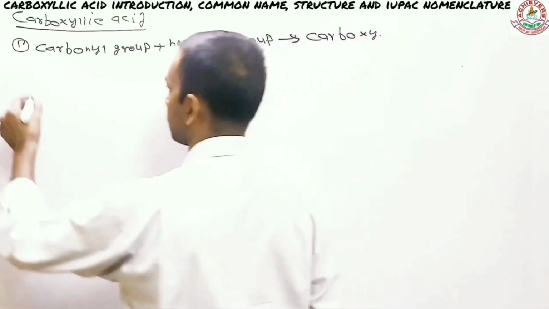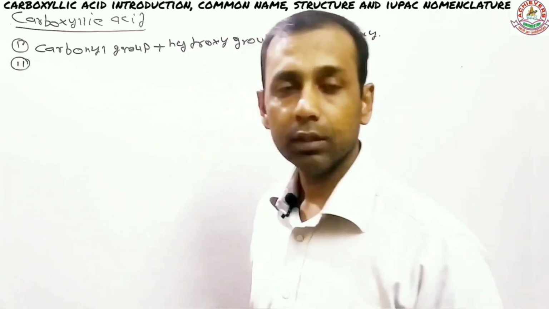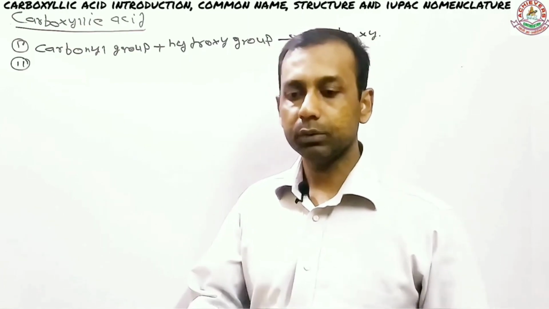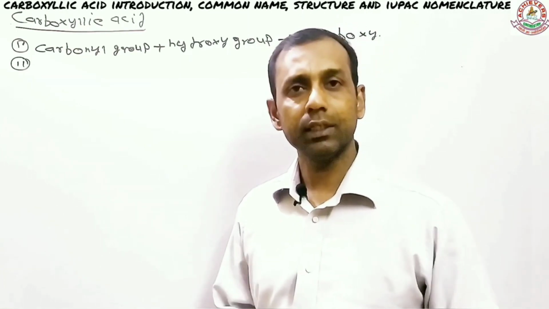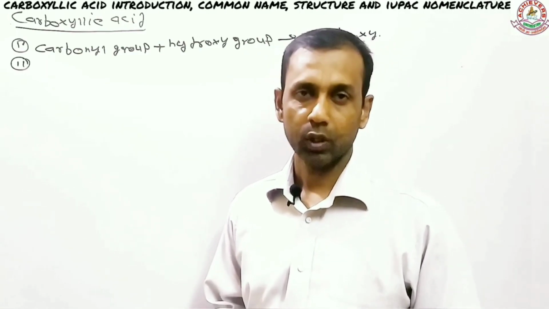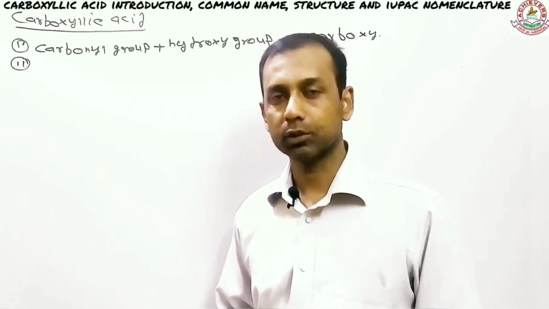The second thing is that this is quite a common chemical in nature. There are so many things around us that we see and use in our day-to-day life, and these are nothing but a source of carboxylic acid. Now the question is, why do we need to talk about carboxylic acid?